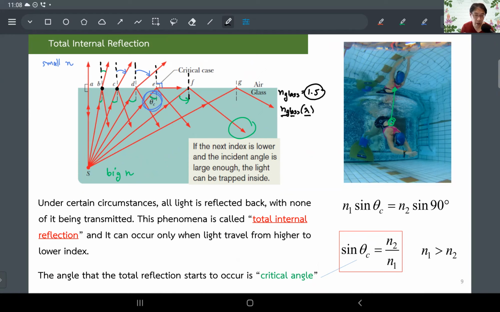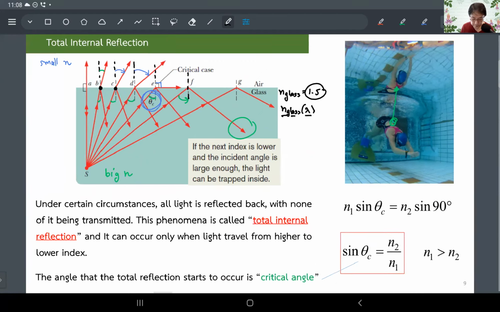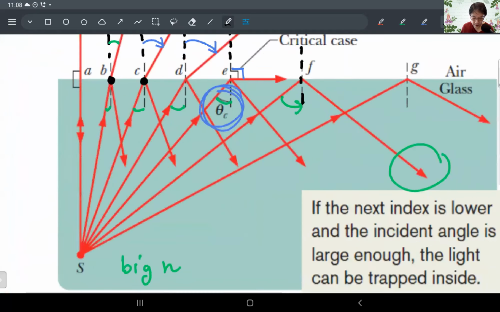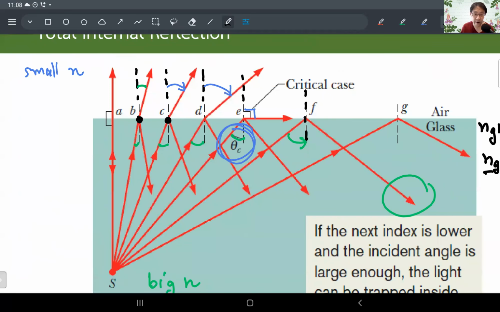So before we start looking at the example, I have some comments on this particular diagram here. If you look carefully, I think this is a very good diagram. You might be wondering, why at point B, for example, you have a refraction here, which is no problem, but then why does this diagram draw a reflection as well?